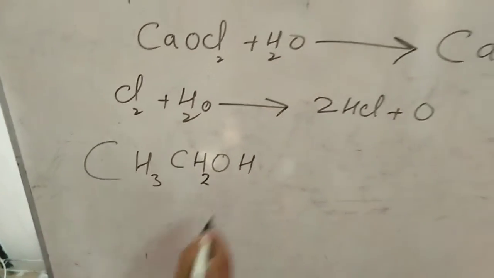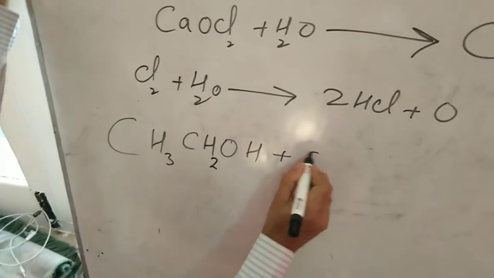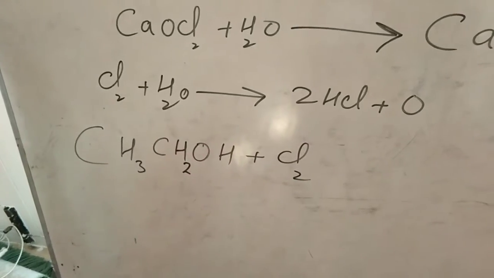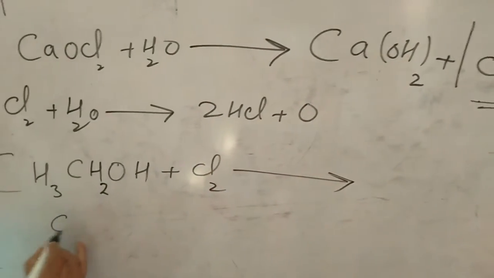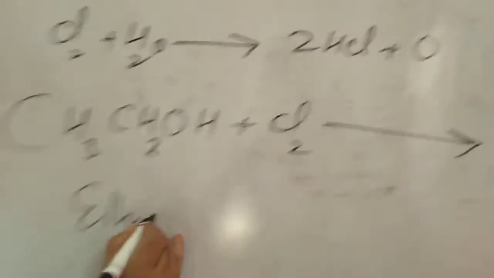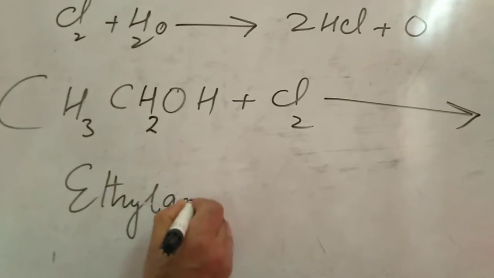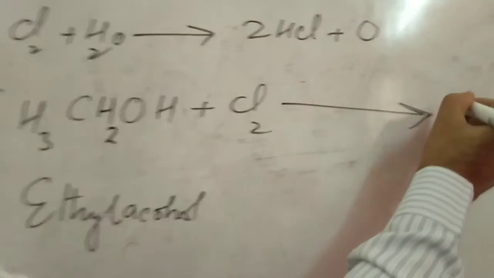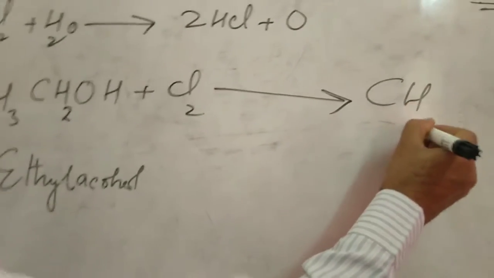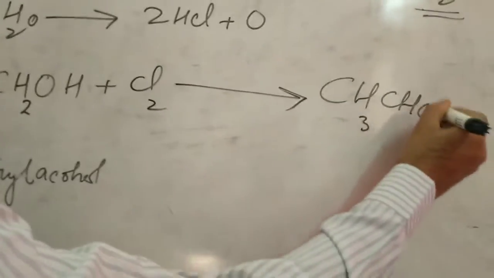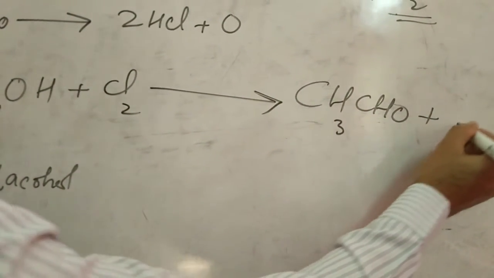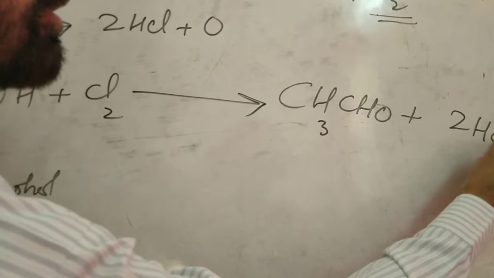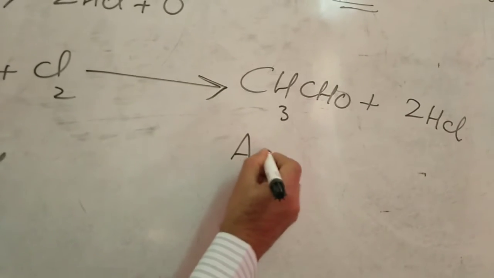Ethyl alcohol plus Cl2 chlorine gives acetaldehyde.